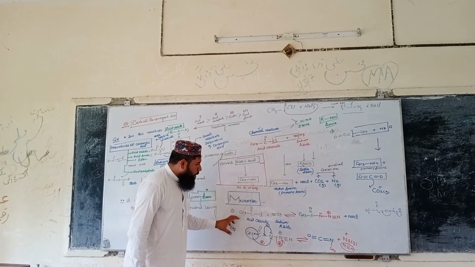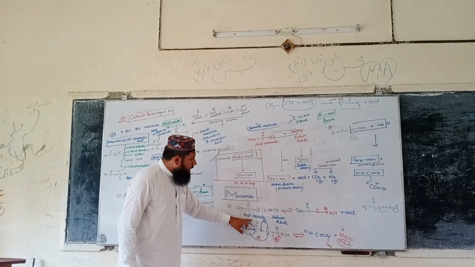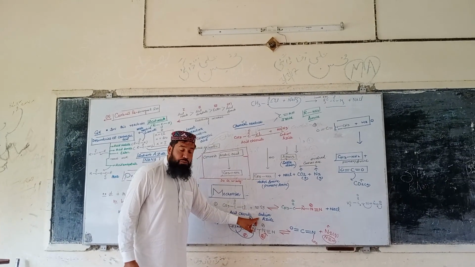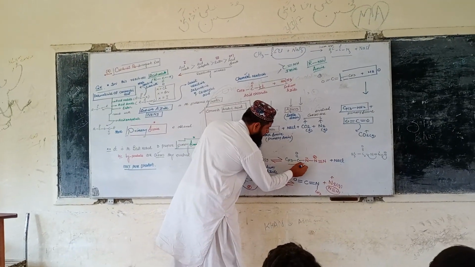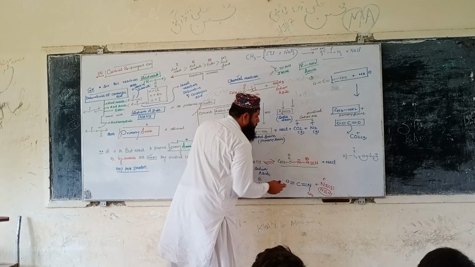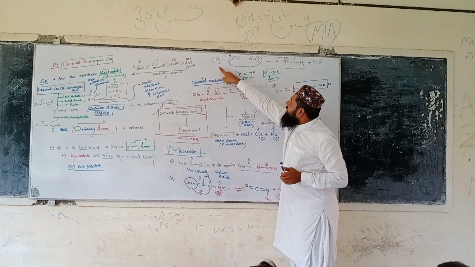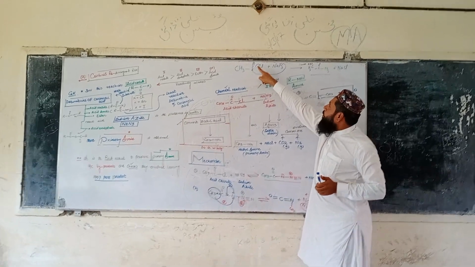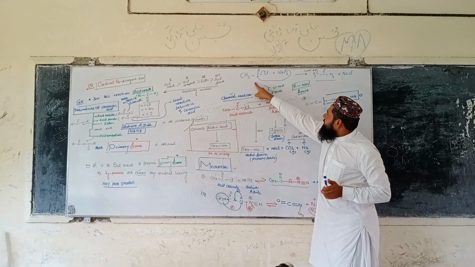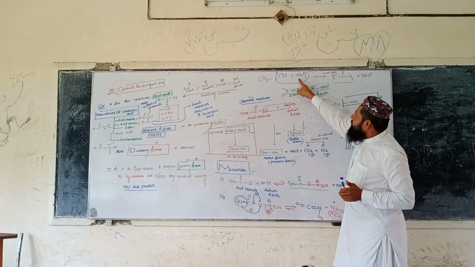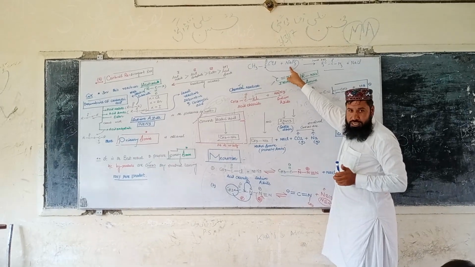In the first step, what happens? In the first step, acid chloride reacts with the sodium azide to form this thing plus sodium chloride. So how is this thing formed? Look at it. This is your CH3 C double bond O chloride. This is your acid chloride. When it reacts with the sodium azide, this is an ionic compound.